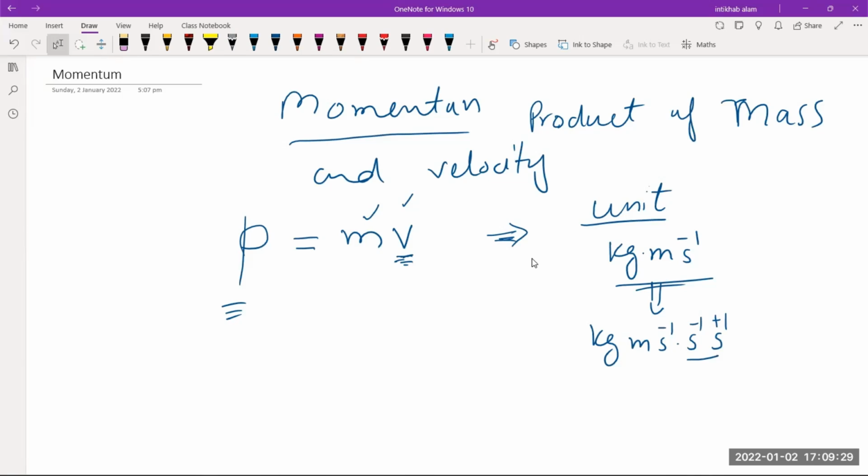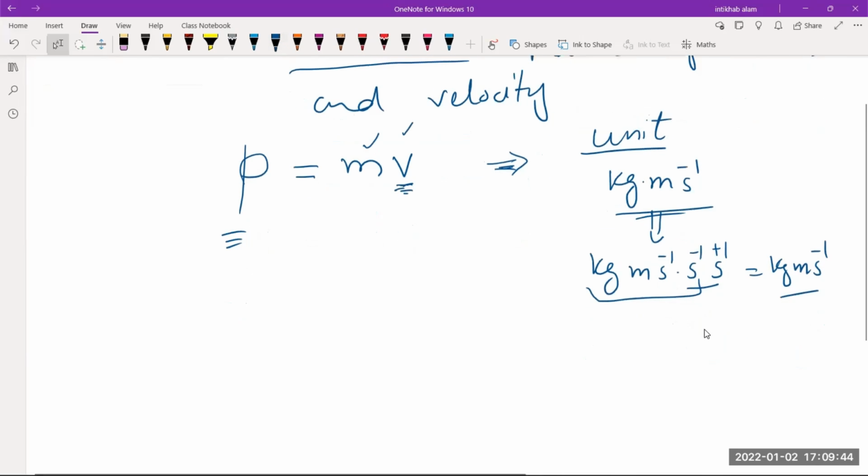No, not at all, because second minus 1 and second plus 1, they are always cancelled. So actually this is again equal to kilogram meter second minus 1. So there isn't any change. But this will be giving me one advantage. If I join these two second minus 1s, it becomes kilogram meters second minus 2, and then the second plus 1 can be written as simply second, and this is overall called Newton.